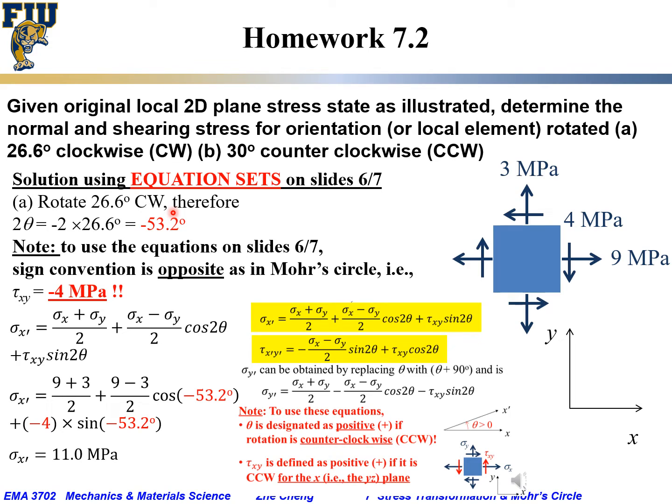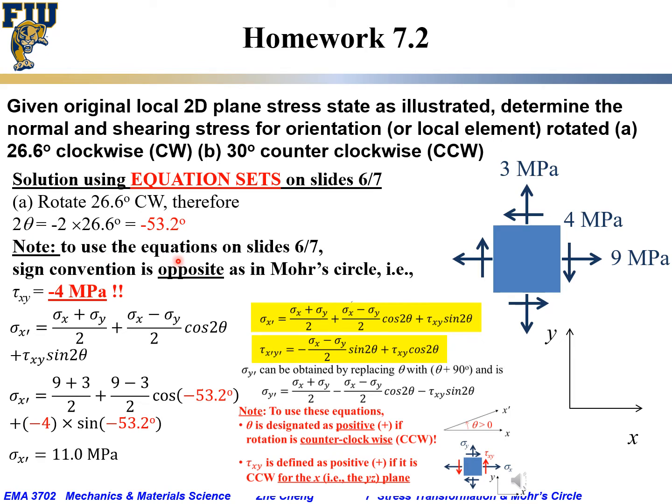Therefore, to use the equation set, the 2 theta would be 2 times the angle 26.6, and we put a negative sign because when we use the equation set, we define angle rotation counterclockwise as positive. So if we rotate clockwise, it will be negative. It will be negative 53.2 degree for the 2 theta value. Okay.